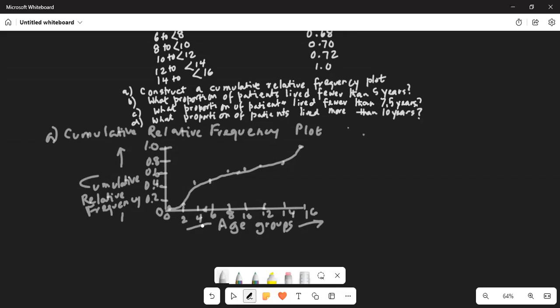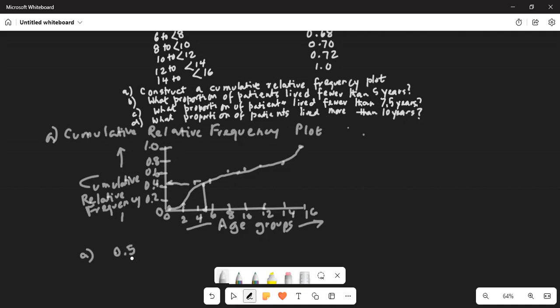And less than 5 years, so if I draw a vertical line here, so part A, and then you go to the horizontal axis on this. So maybe part A, less than 5 years, is 0.5.